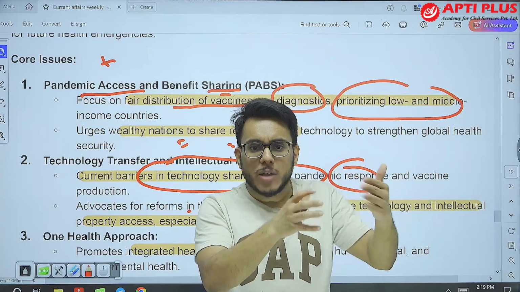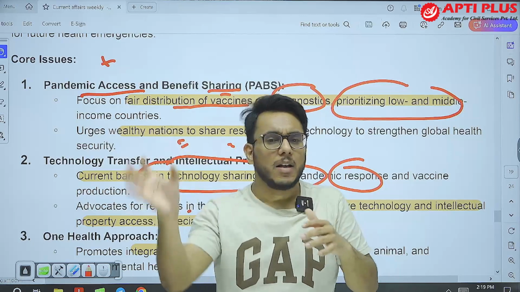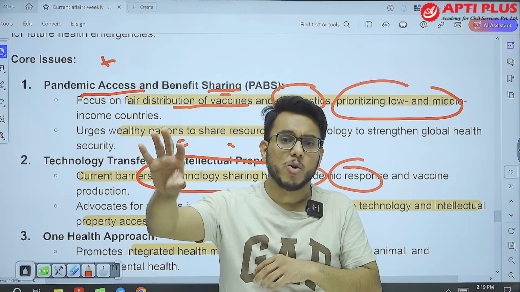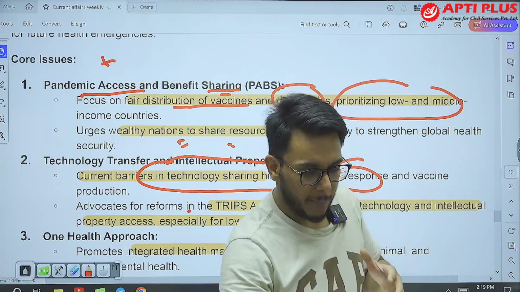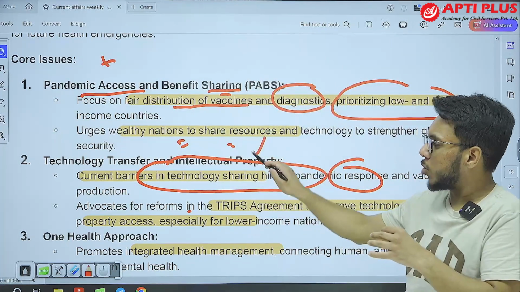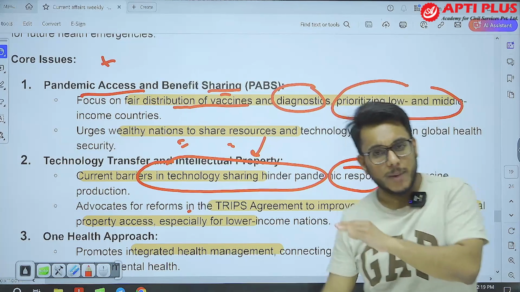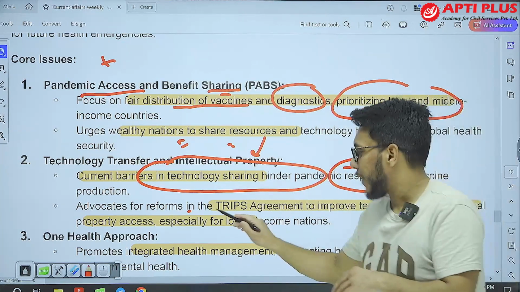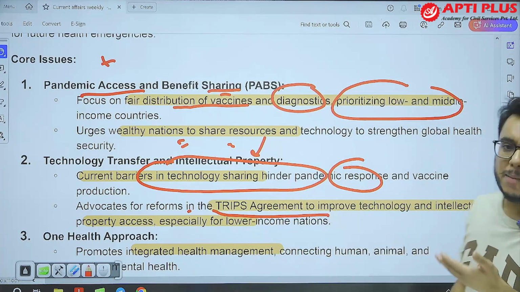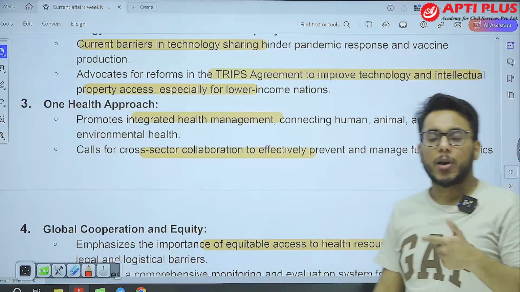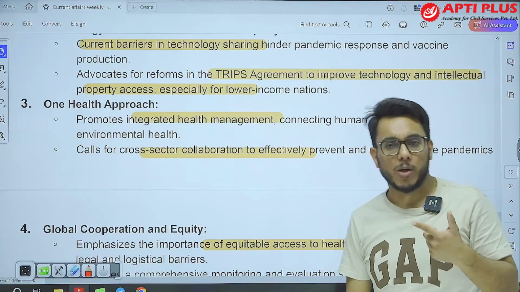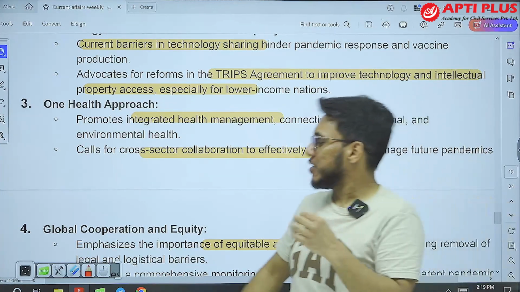But if they do that, then the Western countries will file a case under the WTO saying that this is unfair, etc. So this should not happen. Technological barriers should not be brought in between. There is a need to reform the TRIPS agreement, because the TRIPS agreement is under the WTO, which restricts it.